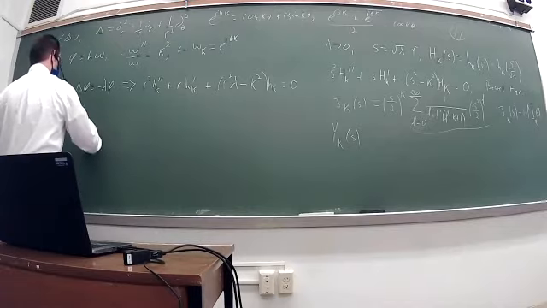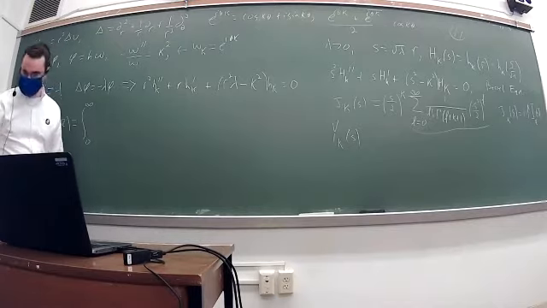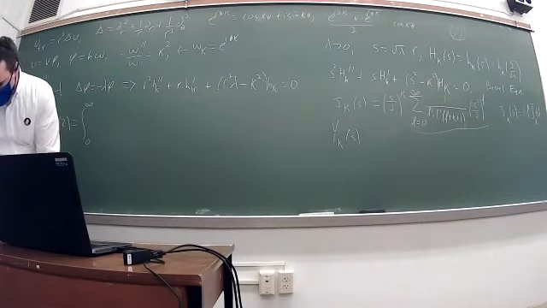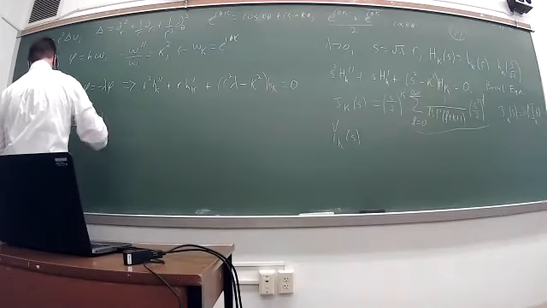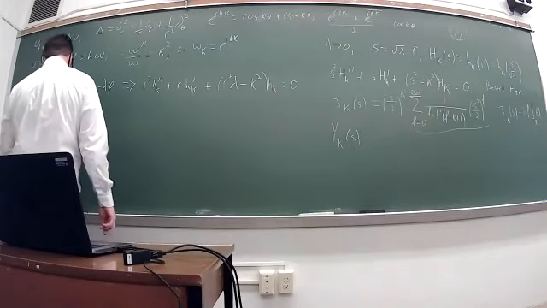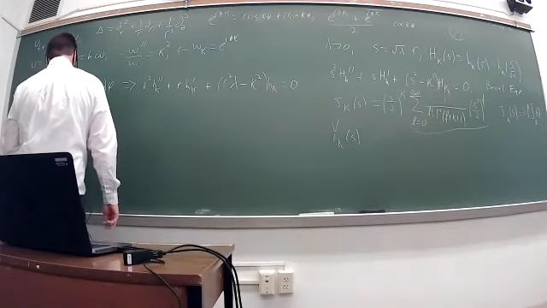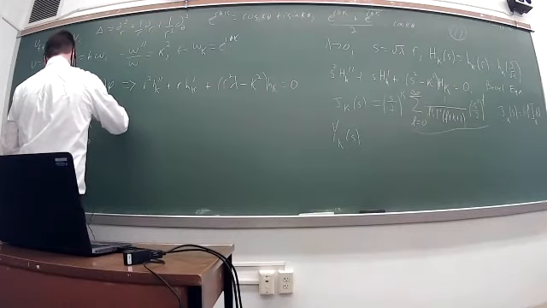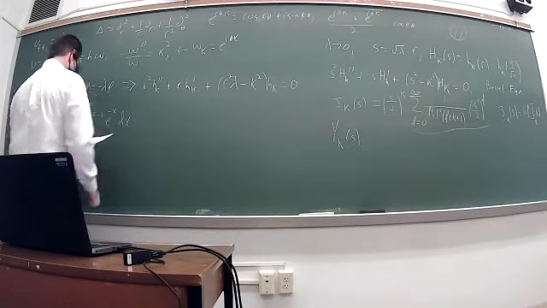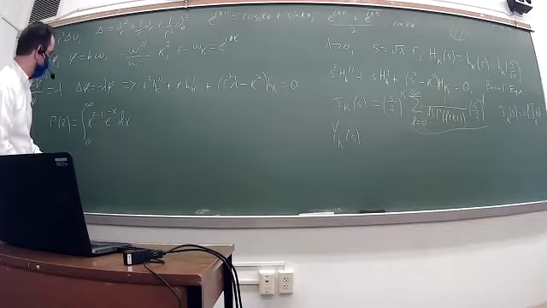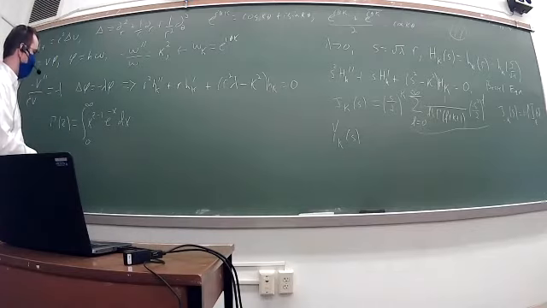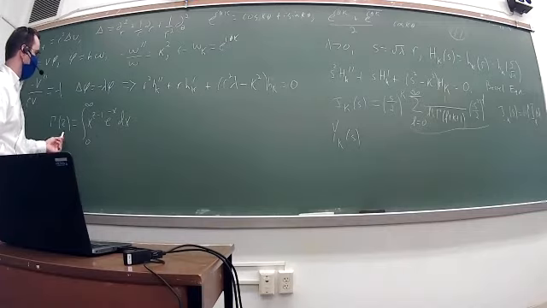Gamma of z is the integral from 0 to infinity of x to the z minus 1 times e to the minus x dx. This is a generalization of the factorial function, valid for all complex arguments.